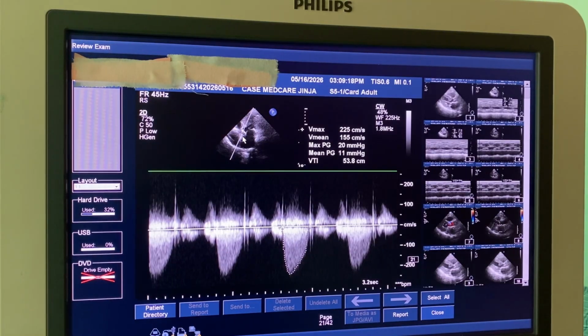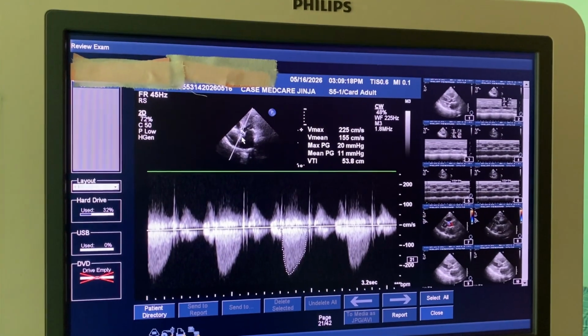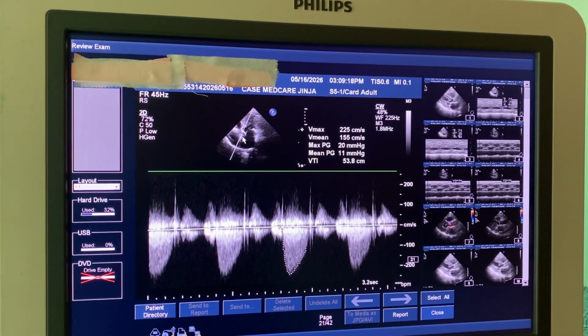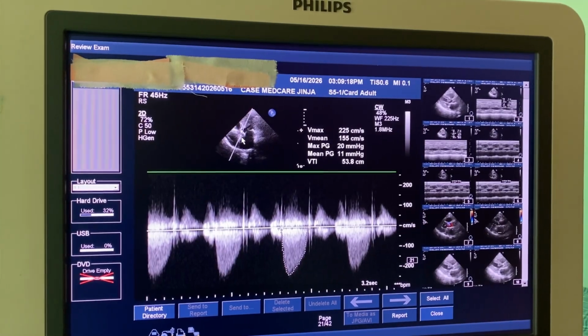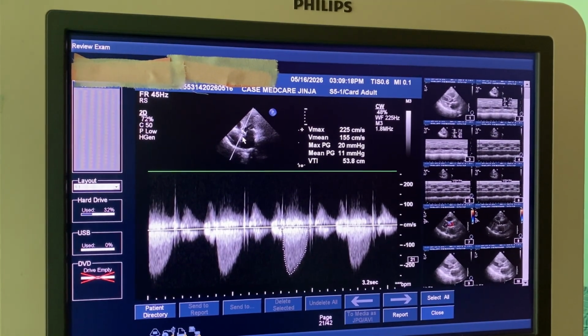That is aortic valve area times the VTI, which we know, 53.8. So 3.14 times 1.75 squared over 4 times 22.3 is equal to aortic valve area times 53.8.